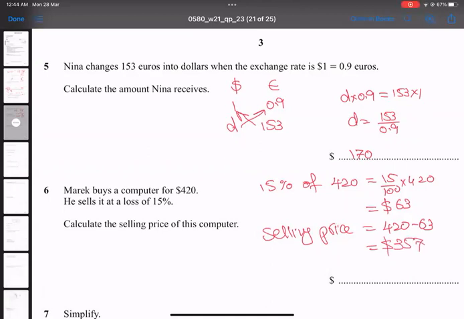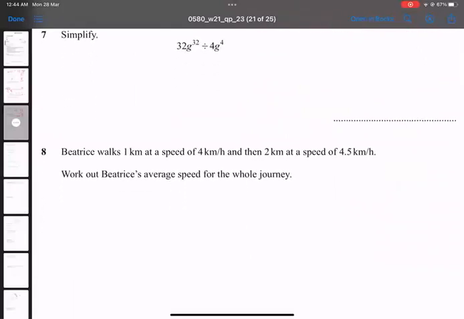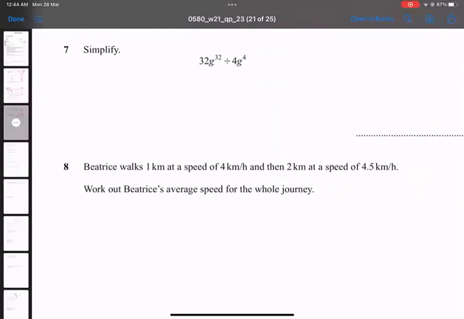And let's go for the next question, 7 and 8 on this page. The question number 7 he's asking here is an algebra question. Okay, so 32 g to power 32 divided by 4g to power 4. According to indices properties, 4 ones are 4, 4 8s are 32.